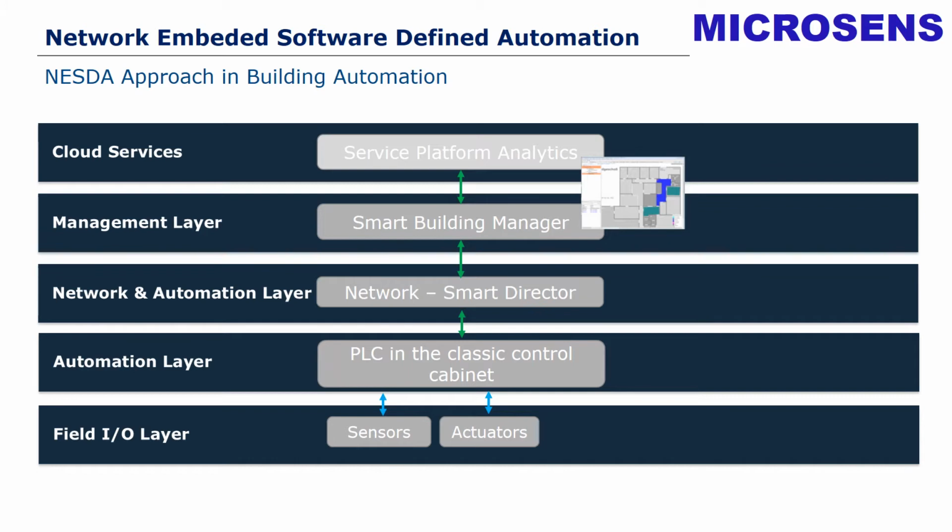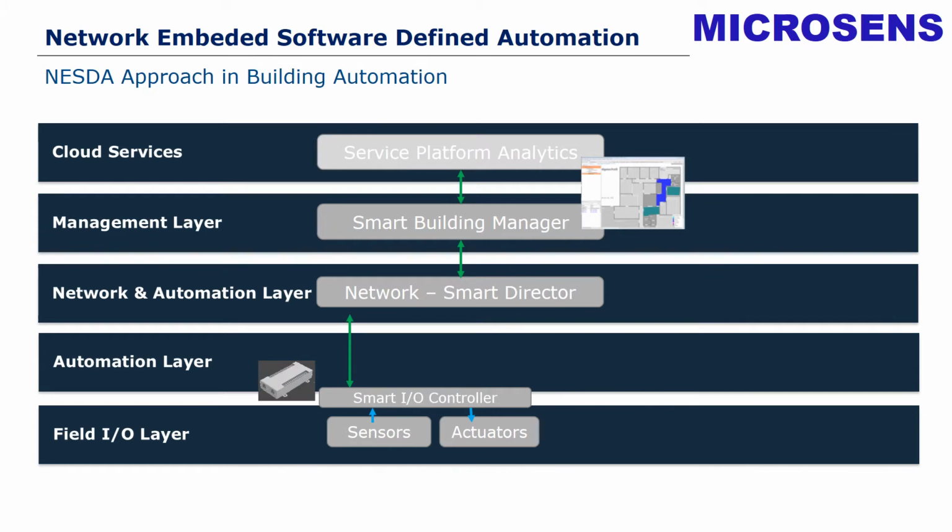The first step we took was to develop a device called the Smart Air Controller, which enables us to use conventional devices and bring them directly from the field into the network. We have done the same for lighting, connecting the lighting functionalities directly to the network.